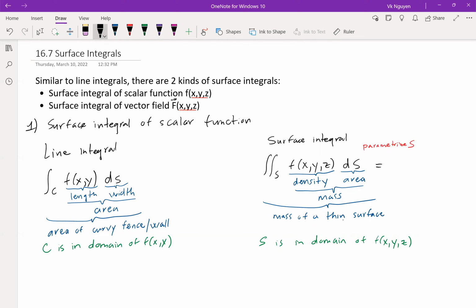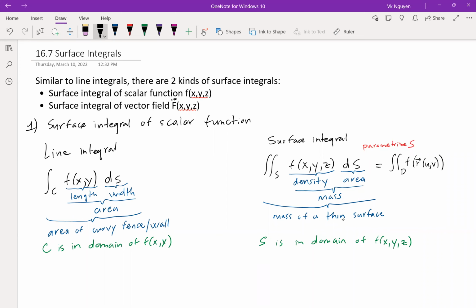Parameterize the surface, and this would be a double integral over the region D. We parameterize it. So f(x, y, z) is f of the vector r(u, v).